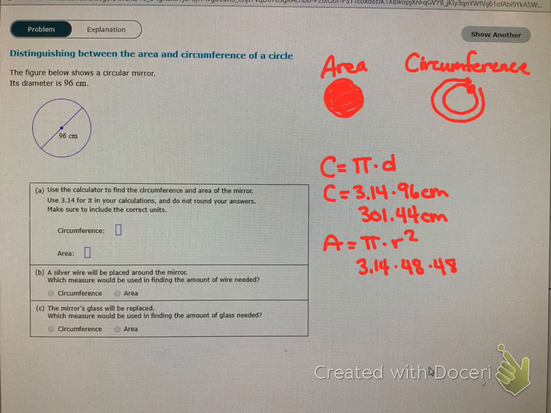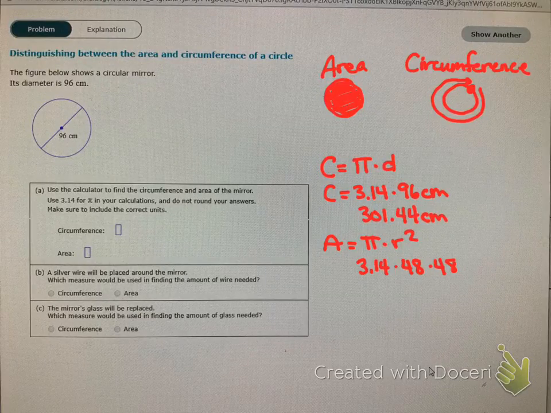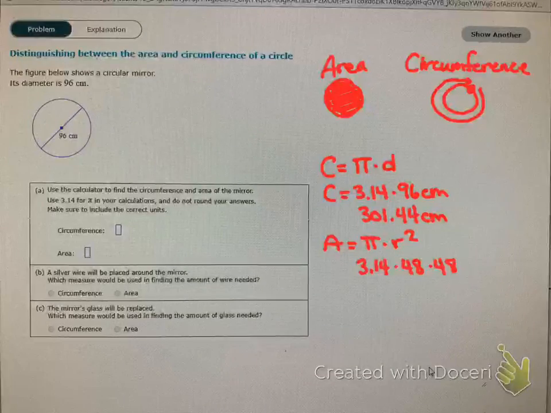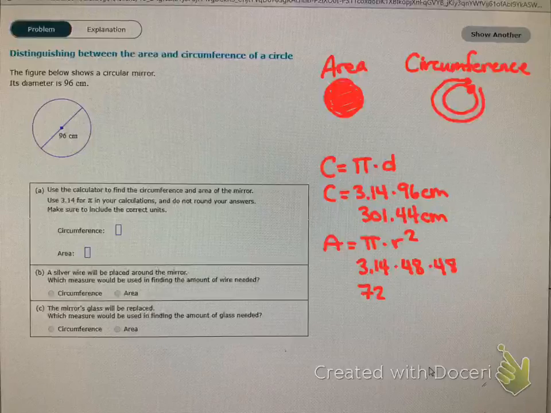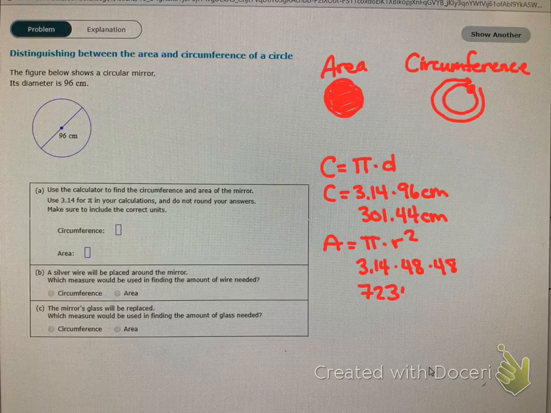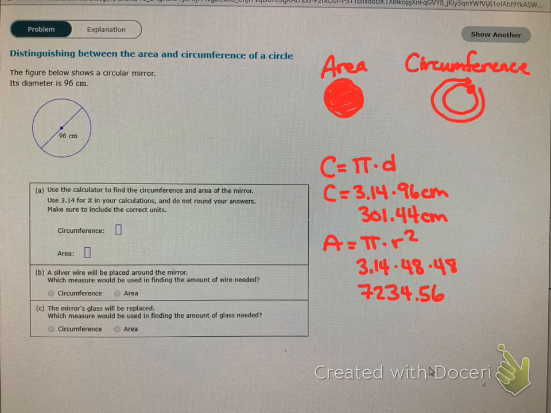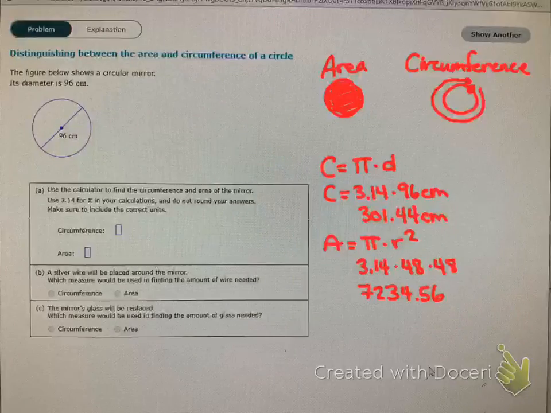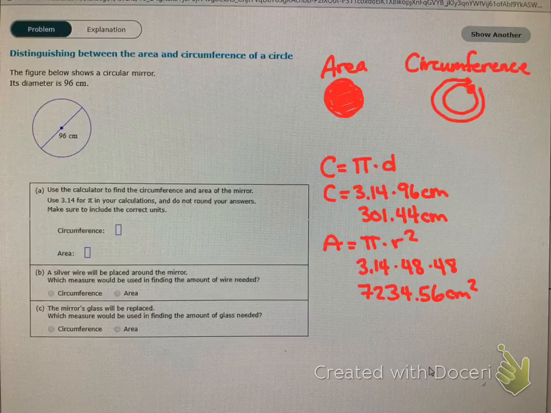So if I do that in my calculator and I do 3.14 times 48 and I square that, or I times it by 48 again, I get 7,234.56, and that will be in centimeters squared. So that's going to be my circumference and my area, and I type those into part A.